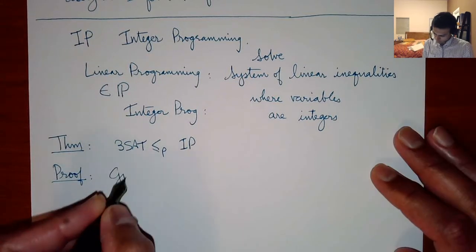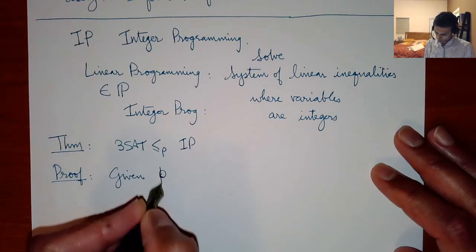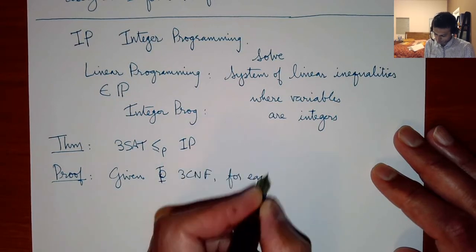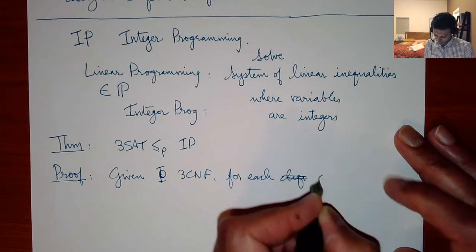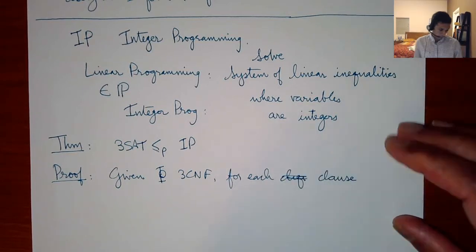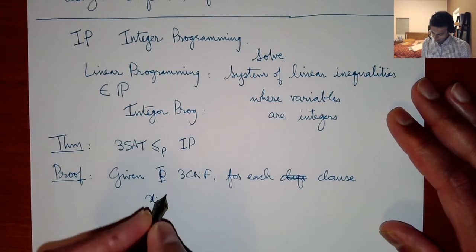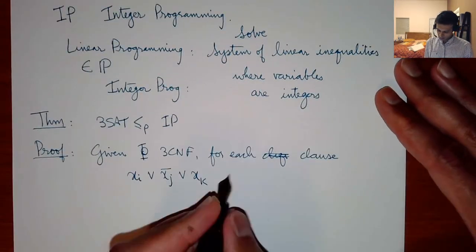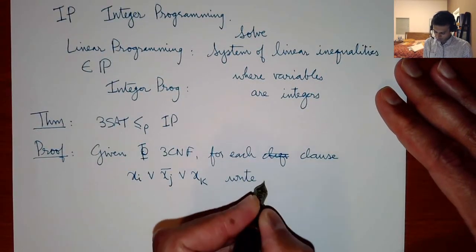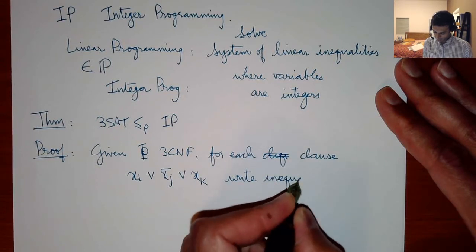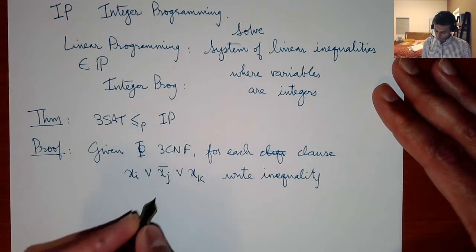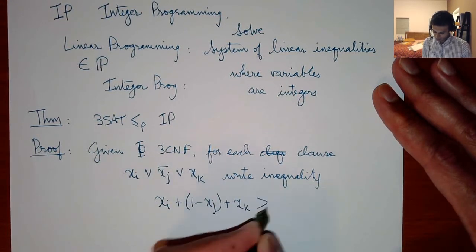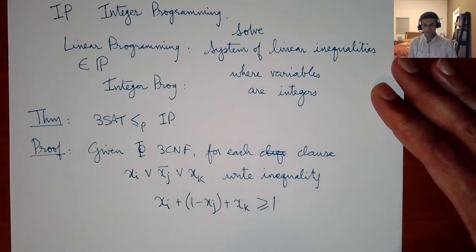And so given phi, which is a 3CNF, for each clause, I'll say xi or not xj or xk, write the inequality xi plus (1 minus xj) plus xk is greater than or equal to 1.